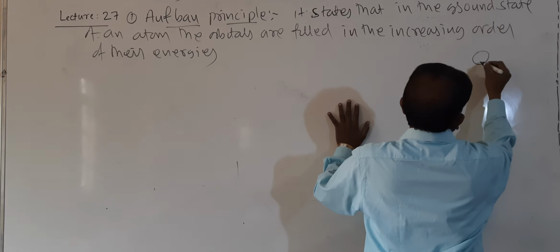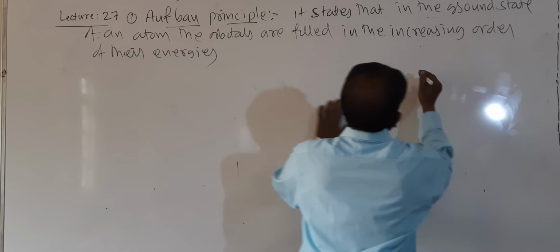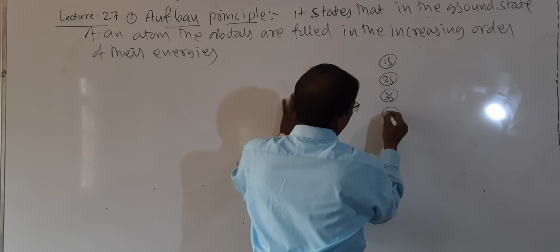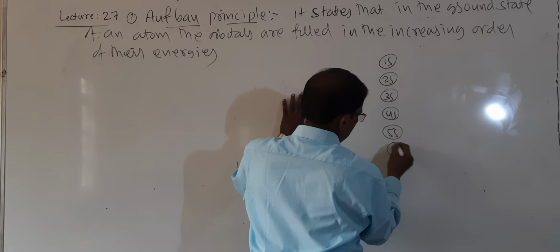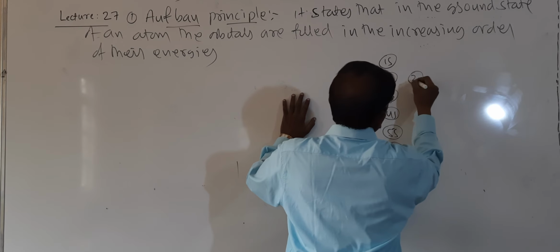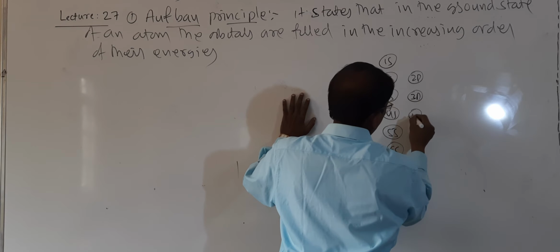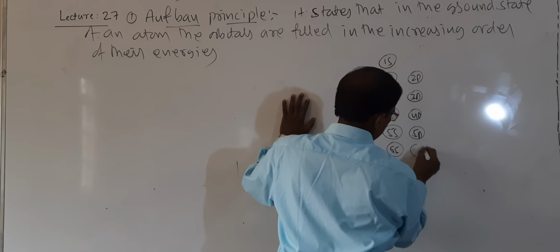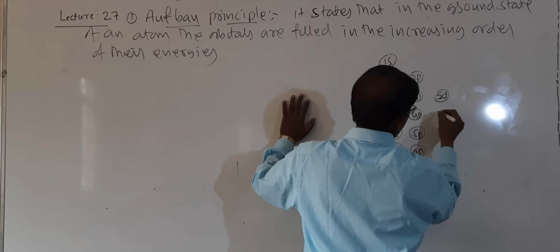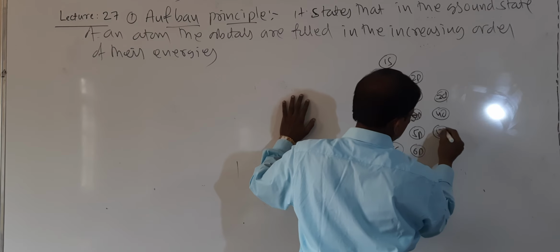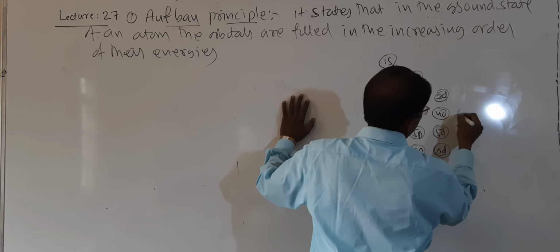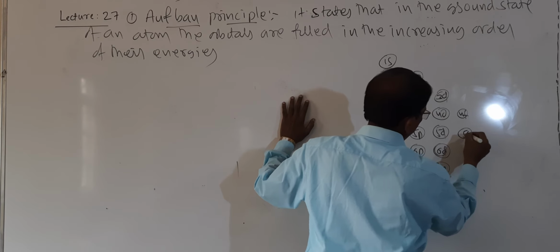Look here: 1s, 2s, 3s, 4s, 5s, 6s, 7s. And here it is 2p, 3p, 4p, 5p, 6p, 7p. Then 3d, 4d, 5d, 6d, 7d, and here it is 4f, 5f, like this.